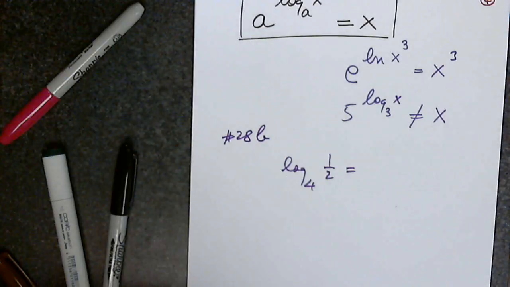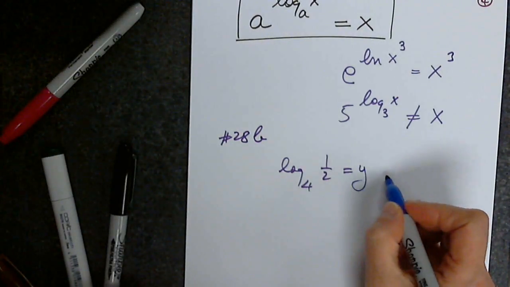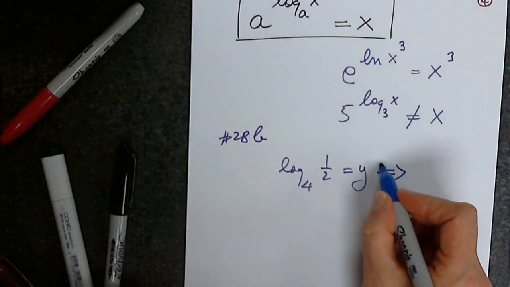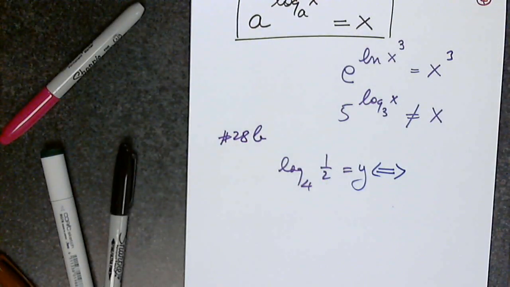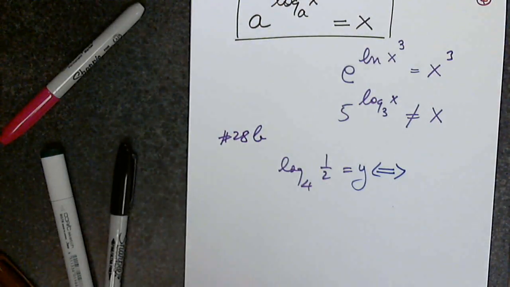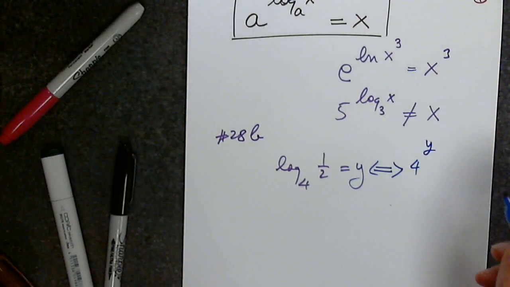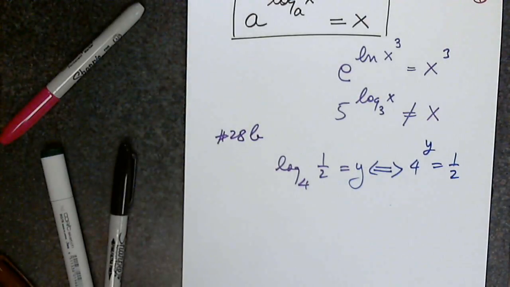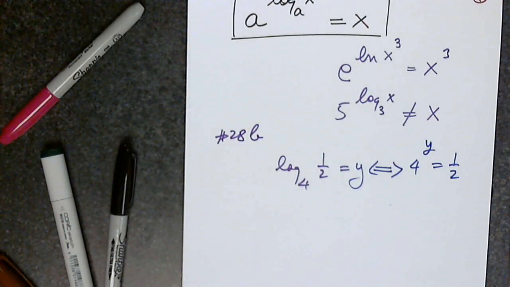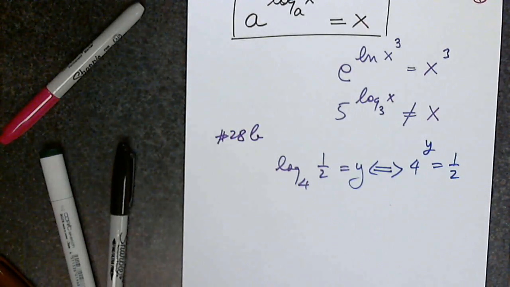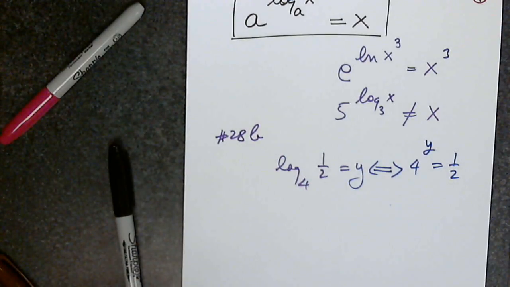Okay, well, I have no idea what this is. I'm going to call it y. But this is equivalent to what? Yes? Very good. This is an exponential equation. We will discuss more details about this.